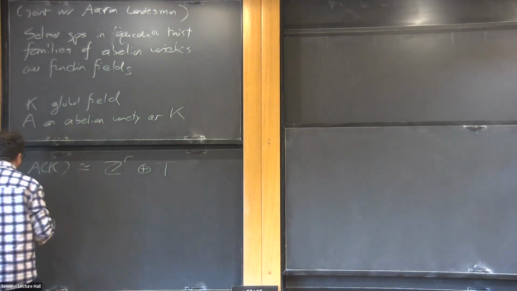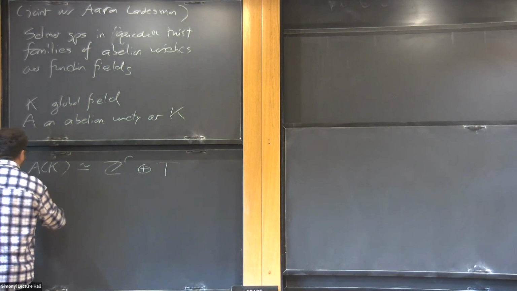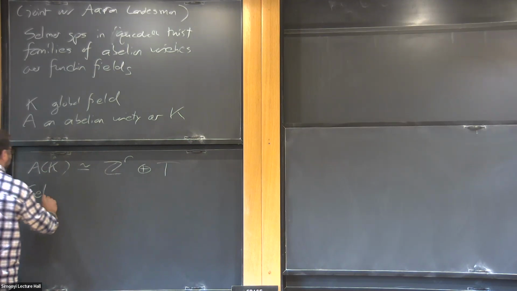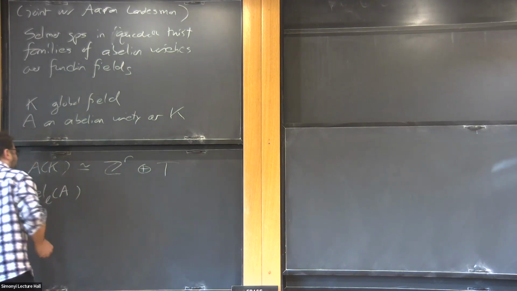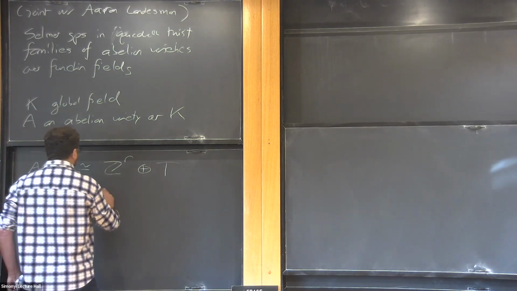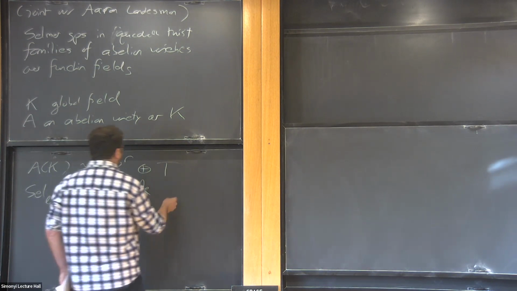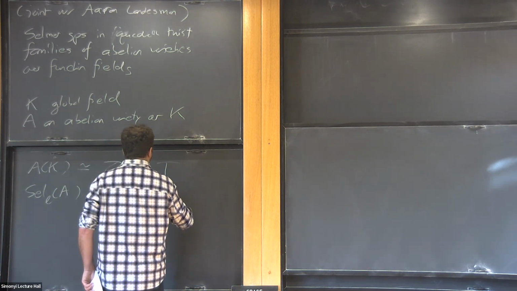I'm not even going to recall the definition, because if you know it, you know it. And if you're a topologist and don't care about it, the definition isn't so relevant for today's talk. I'll say a little about what it is as we go. The Selmer group Sel_L is a particular finite group.